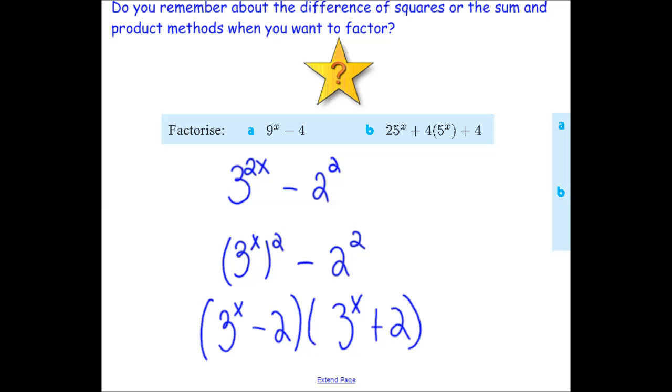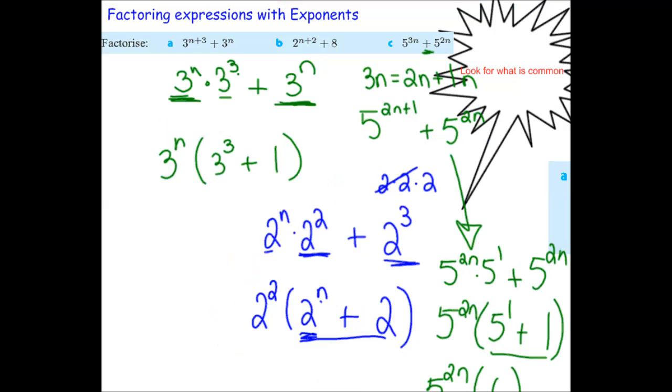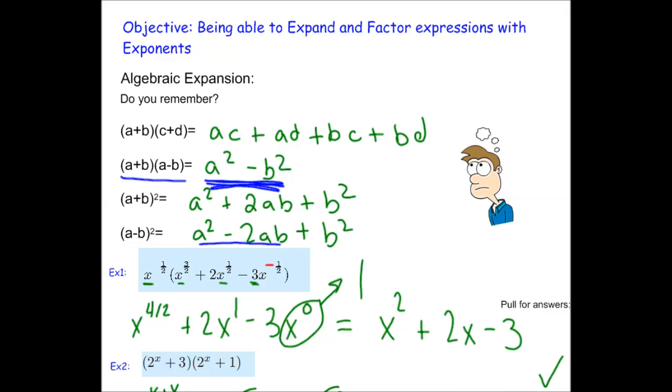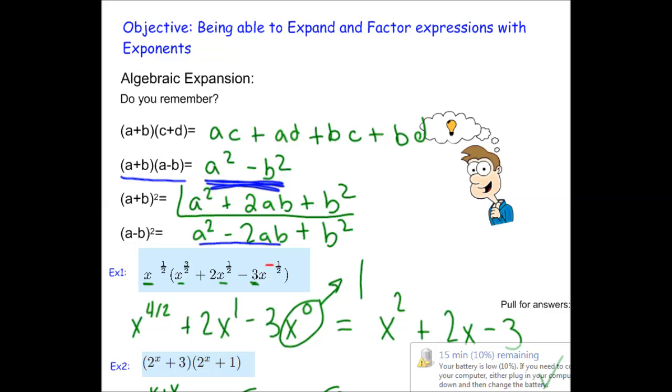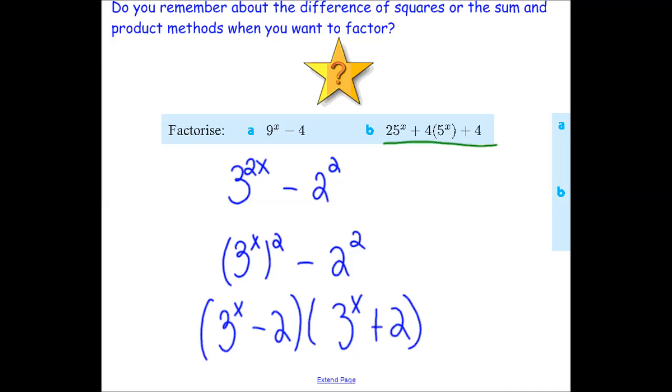Okay, this one is in the form of a perfect square. So what we've got here, notice, by the way, that this is what we get when we factor it backwards, or when we expand it backwards when we factor. Okay, so 25 is a perfect square as well.